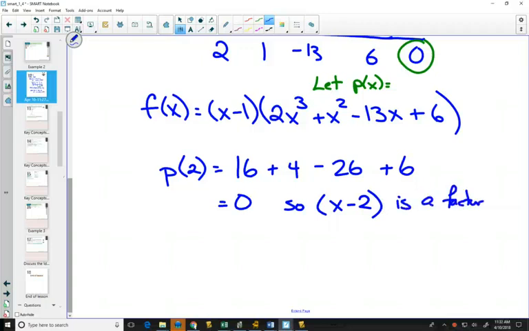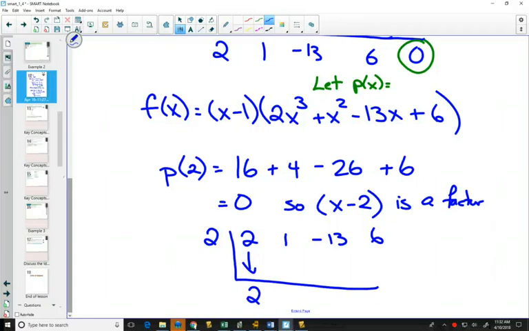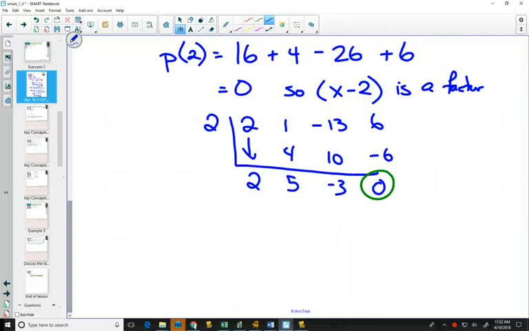That tells us that x minus 2 is a factor. And if we do synthetic division with x minus 2, you'd put a positive 2 out front here. We're dividing this part, 2, 1, negative 13, 6. Bring down the 2, multiply, add, multiply, add, multiply, add, and sure enough, we get a remainder of 0. So now, once again, I can write my division statement.